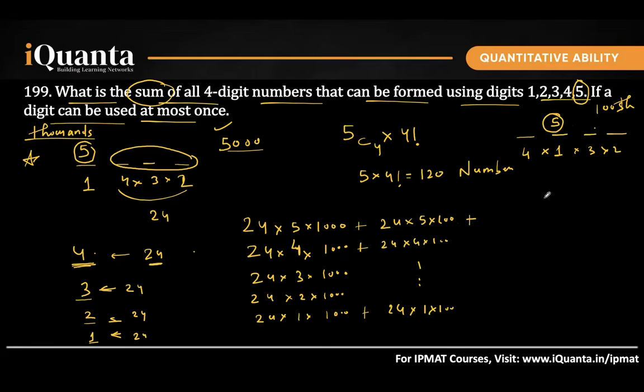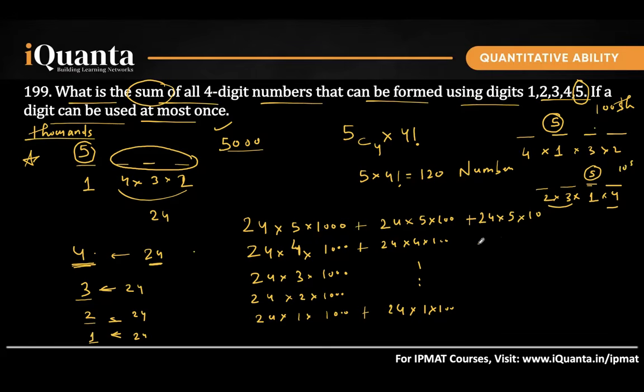In the same way, if you talk about a 4-digit number and suppose you fix, say, number 5 at the 10th place. So one number has been fixed. How many numbers are possible? 4 into 3 into 2. 4 into 3 into 2 is 24. There'll be 24 numbers possible in which 5 will be at the 10th place. So what will be their sum? 24 numbers all giving a 5, and it is at the tens place.